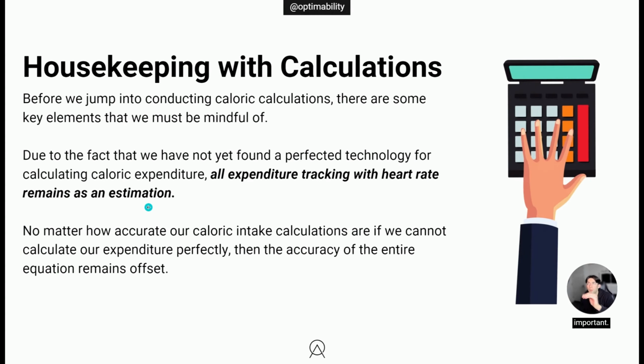And then this is super important. Housekeeping with all caloric calculations. This is something that almost nobody talks about: all expenditure tracking is usually done with heart rate measurements. Now, the thing is, heart rate measurements for caloric exertion calculations are not very accurate.